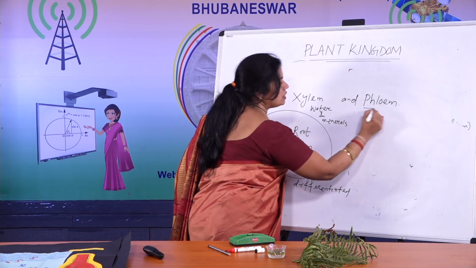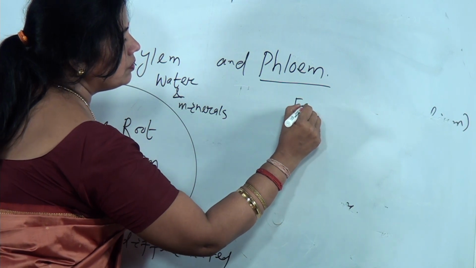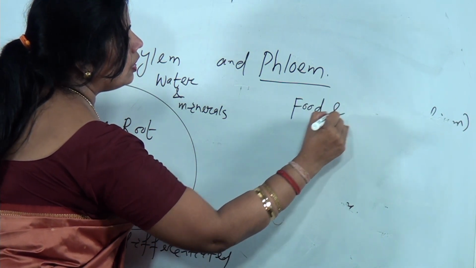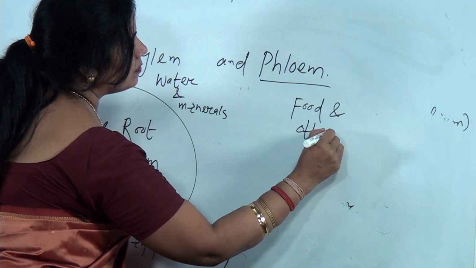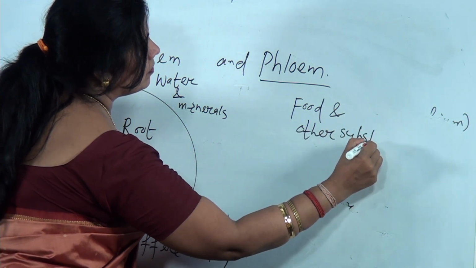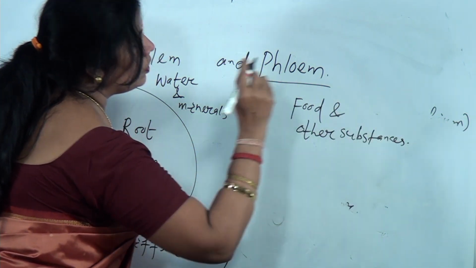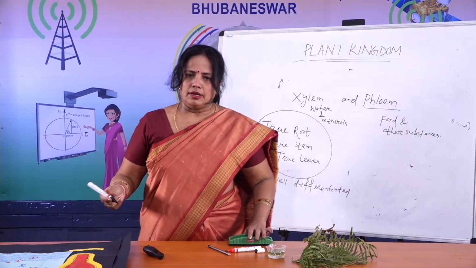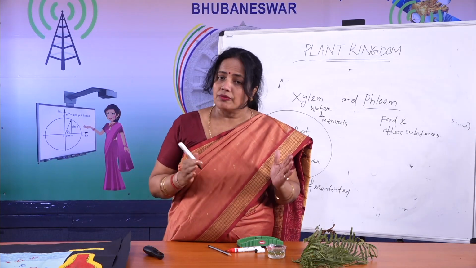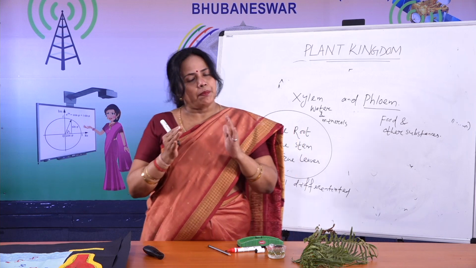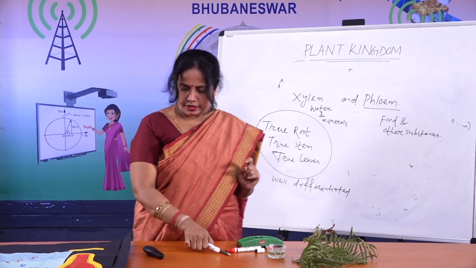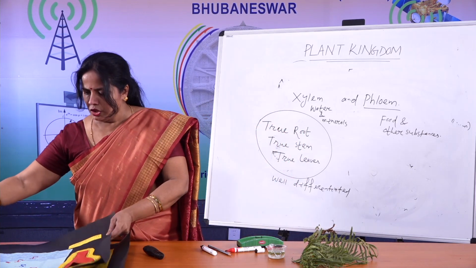And phloem is associated with transport of food and other substances. So, let me show you one teaching aid so that you can very clearly understand how they are present in the plant and how they function. So, let us proceed.